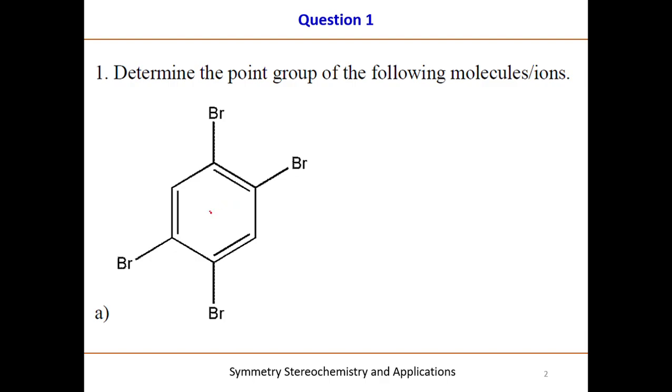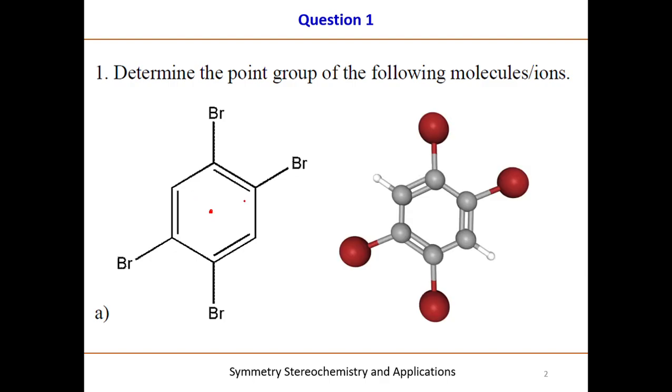If you consider this as a center, see, this is the 3D image of this tetrabromobenzene. If we pass an axis from here and rotate this molecule by 180 degrees in any direction, what will we get?